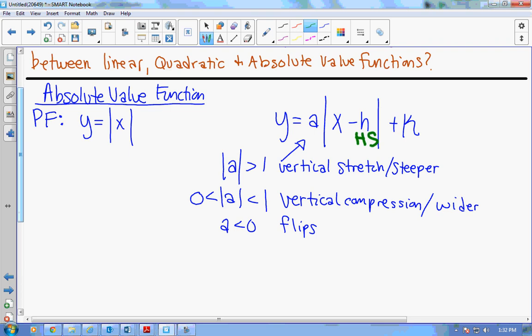If the H is horizontal shift, then the K would be the vertical shift. Good. And our saying is the same. What goes with the H? Opposite, same. Okay? So the only difference is instead of parentheses and a square, we have an absolute value sign.